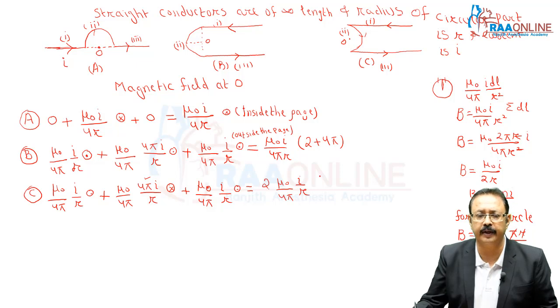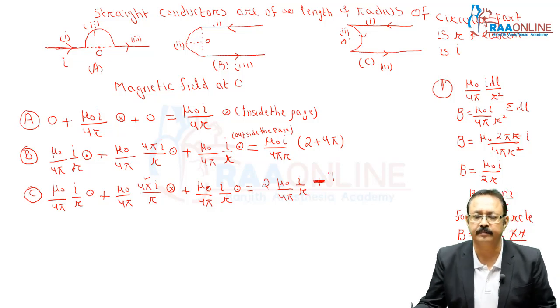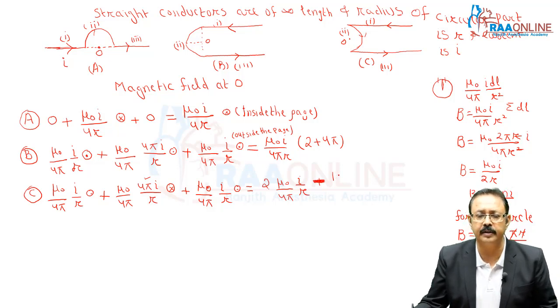It is outside and inside, meaning opposite directions. Opposite means we have to show minus. Minus we give for inside. So it is mu naught upon 4 pi I by r.